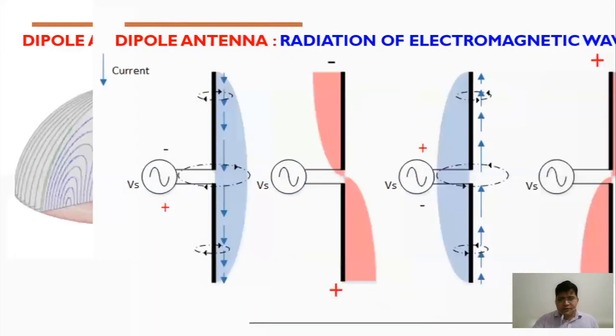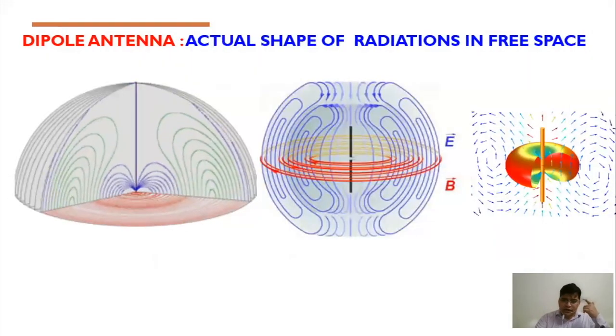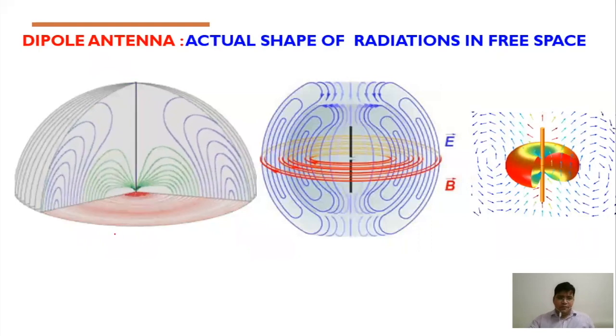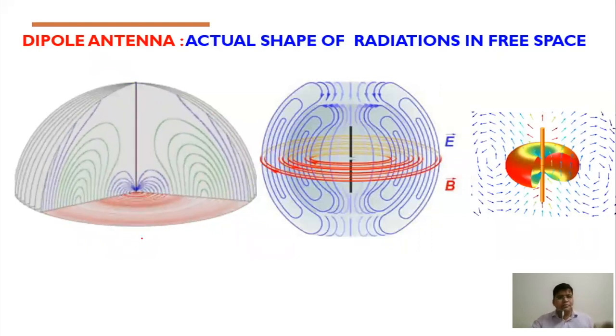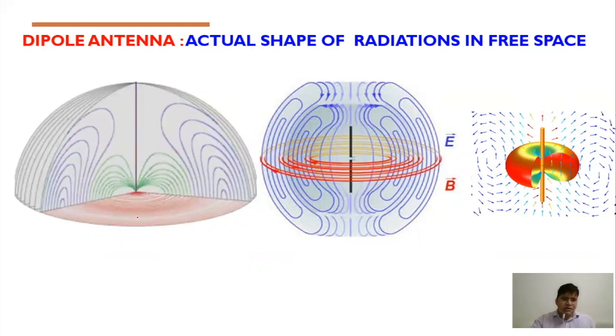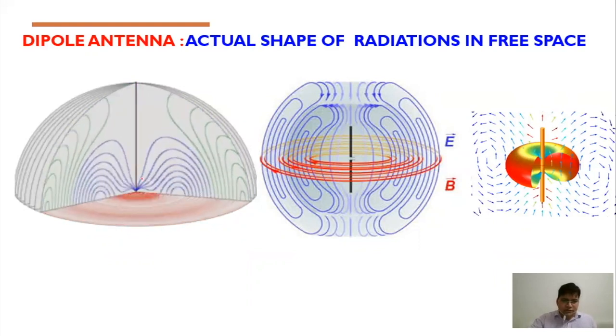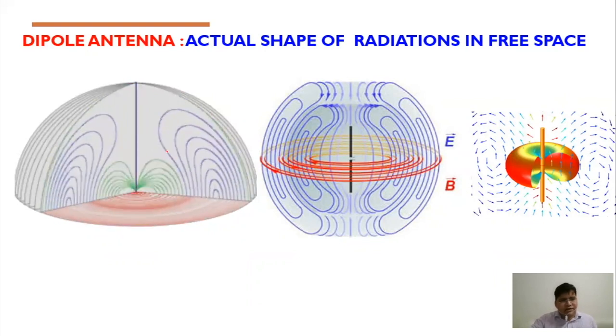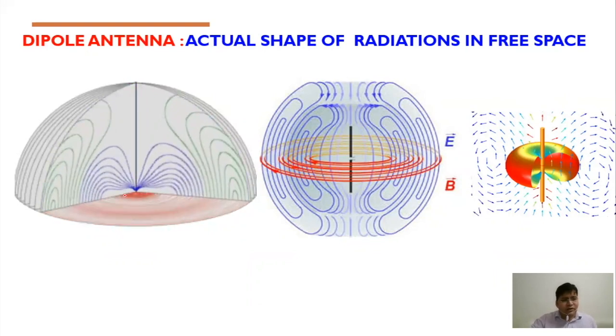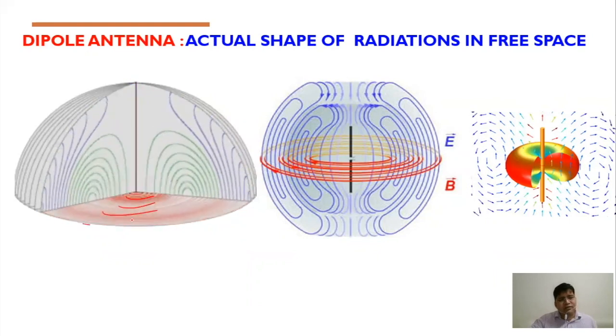So we have observed how the antenna radiates, but that is the real scenario, how the wave propagates in the medium. You can see in these figures the green lines and blue lines are the electric field lines, and these red lines are the magnetic field lines.